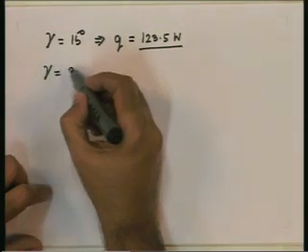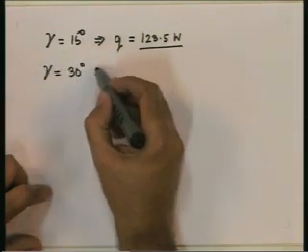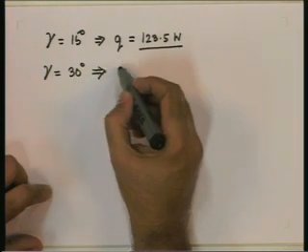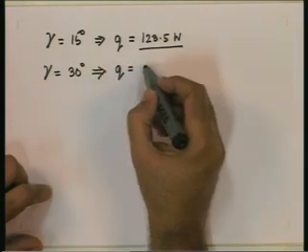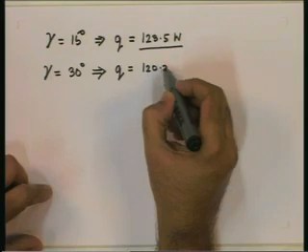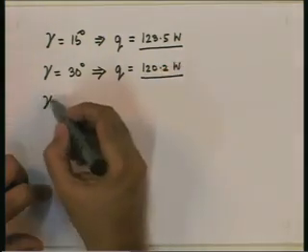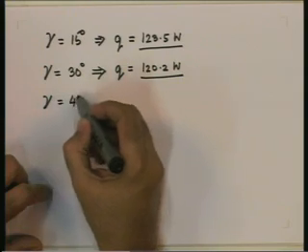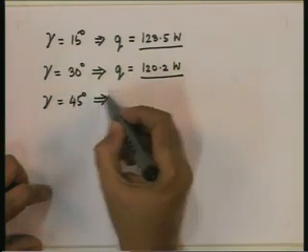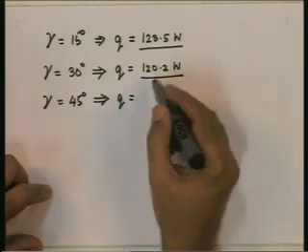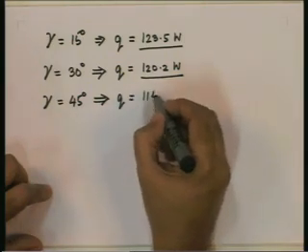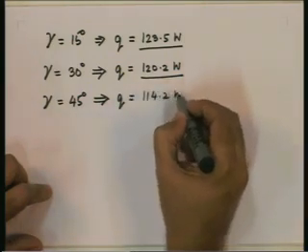Gamma equal to 30 degrees, we will obtain 120.2 watt. Gamma equal to 45 degrees, we will obtain 114.2 watt.